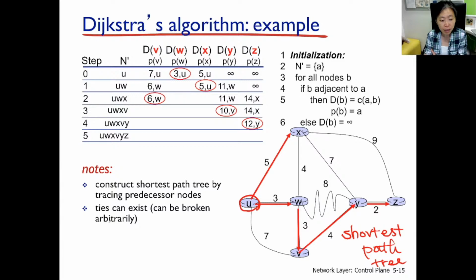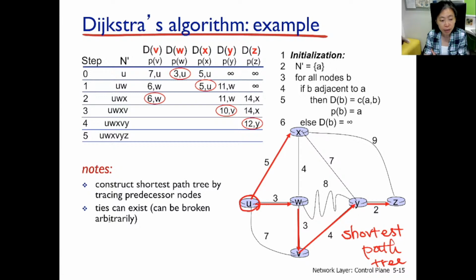All right, so we pause here just a little bit. U here is obviously the router doing the computation. Now, if we want to generate the forwarding table entry for destination Z, what will be the outgoing interface we put there?